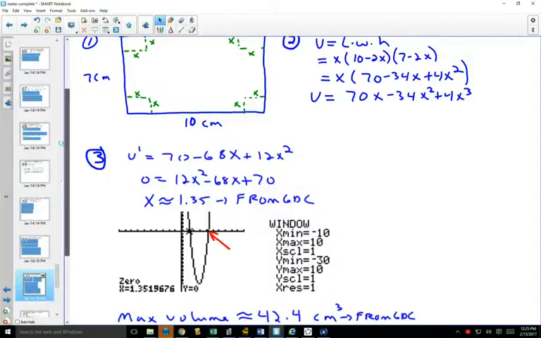Or they could give you something that doesn't factor nicely on a non-calculator part and expect you to use the quadratic formula to find x. That could happen as well. But then they wouldn't ask you to find y, because plugging that in would be too much calculation to make.